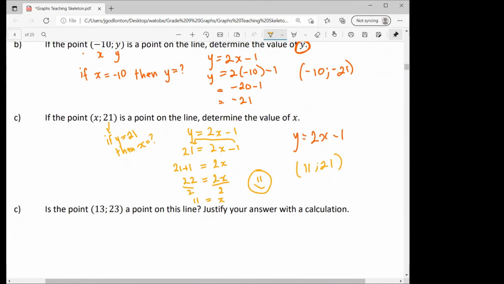Is the point 13 and 23 a point on this line? Remember, our line is y equals 2x minus 1. I want to know if it is or if it isn't.